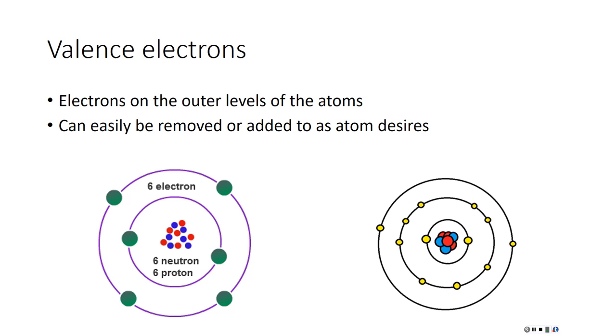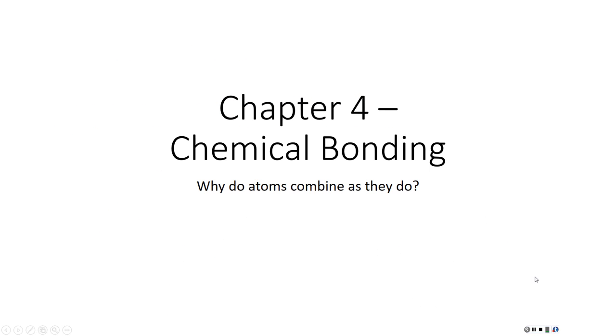So what we're going to do then is get started on chapter 4. And in chapter 4, what we're actually looking at is chemical bonding. Up until this point, we started out first with what is science and what is chemistry. And then right away we started talking about atoms as a fundamental particle.